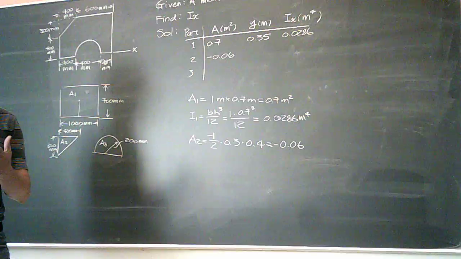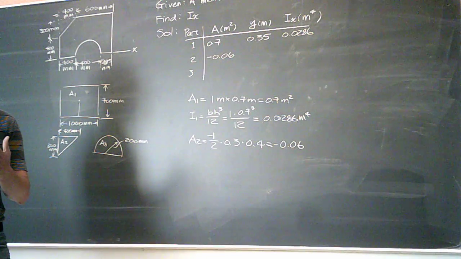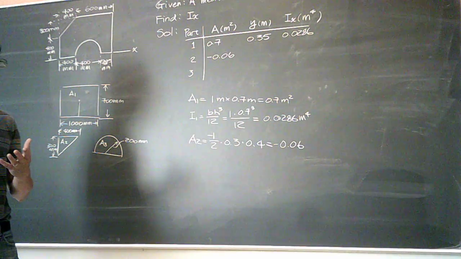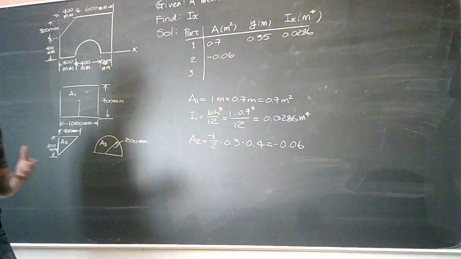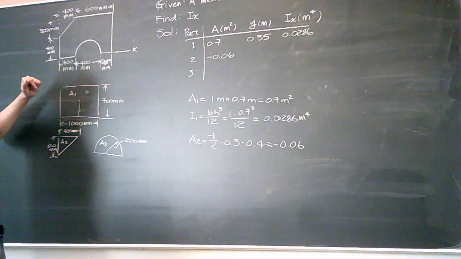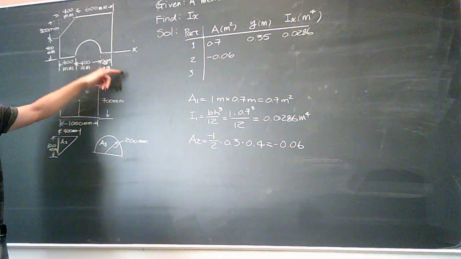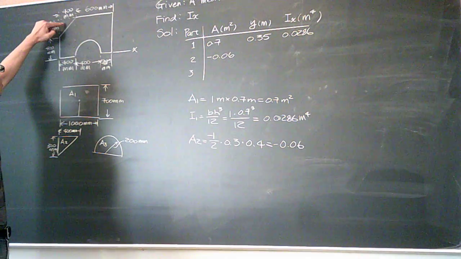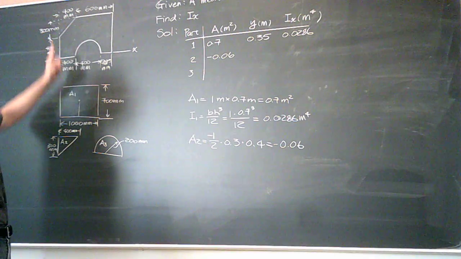You guys still remember how we calculate the position of gravity, right? It's going to be 1/3 from the bottom. In this case, what I mentioned is about the x-axis, so I would need to know the position in this direction.